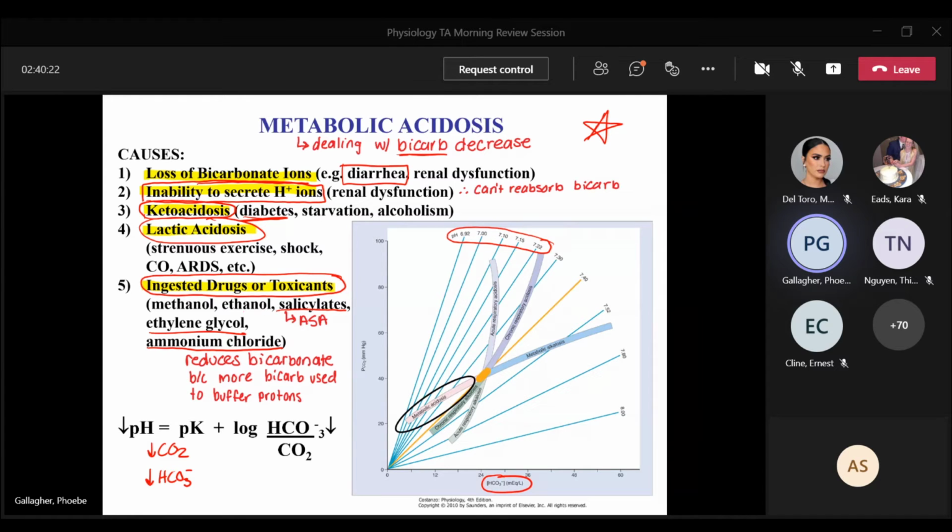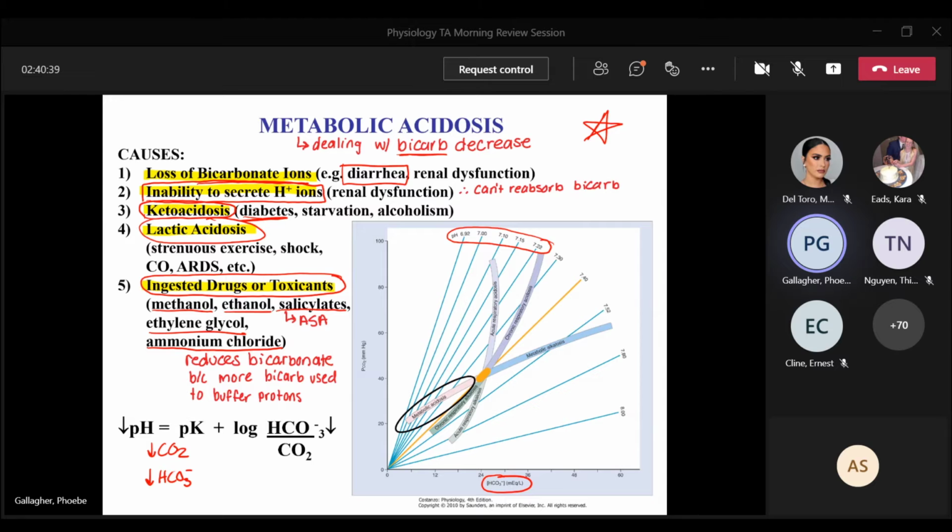I don't know which examples he would use for these, but I would just memorize all of these examples, in case, as being types of drugs that lead to metabolic acidosis, to help you figure out what it is in the question stem.